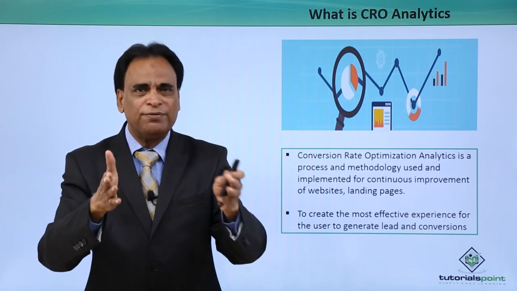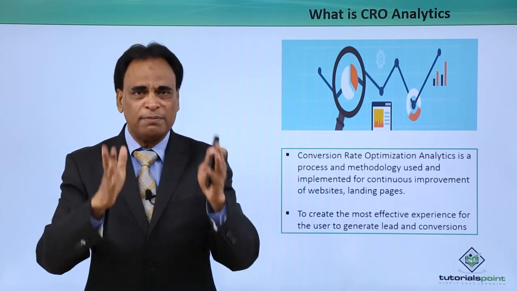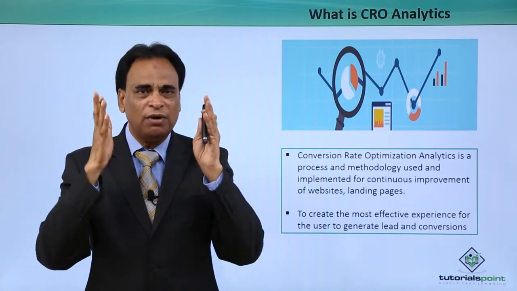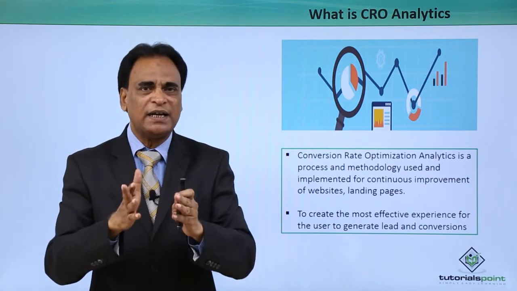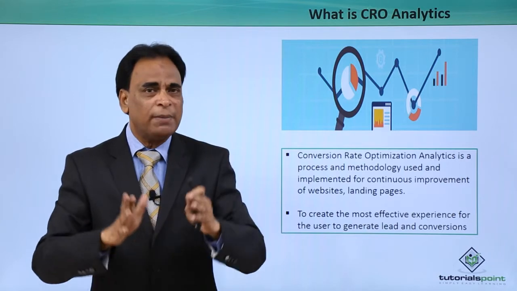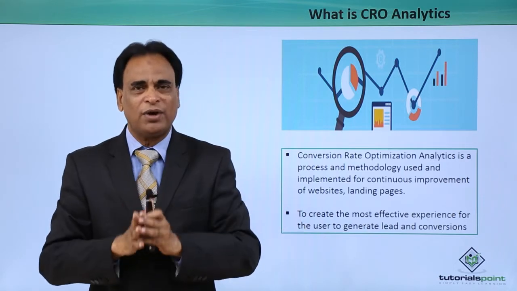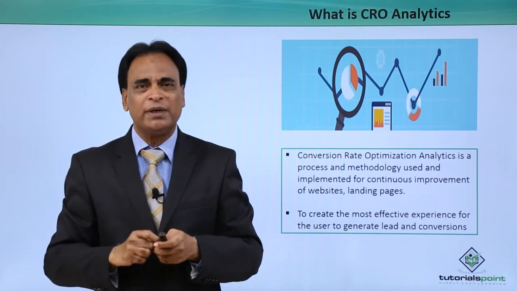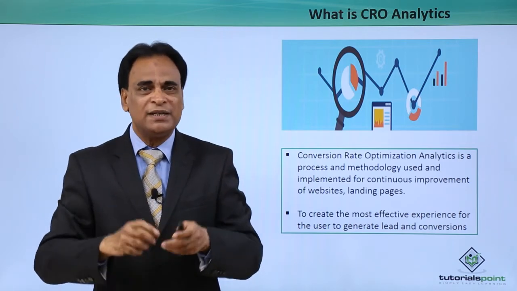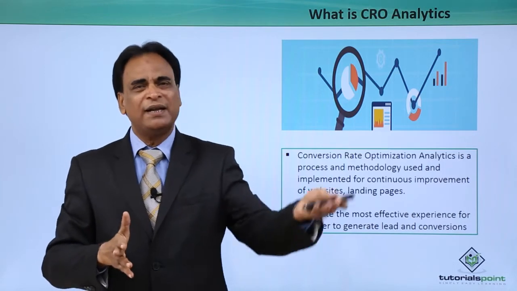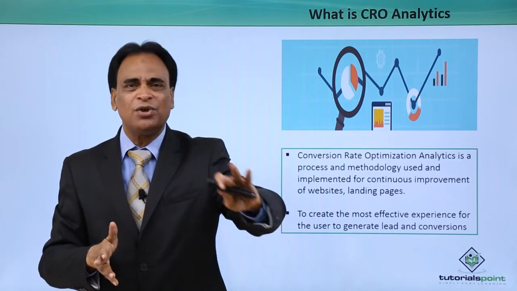That is actually the first part of it: having a website up and running, having a landing page up and running, both thoroughly tested and functioning properly. But that is actually one side of the coin. The other side of the coin is continuous improvement. Just because you have a website and a landing page, there is traffic coming and there are some leads happening, that is not done.